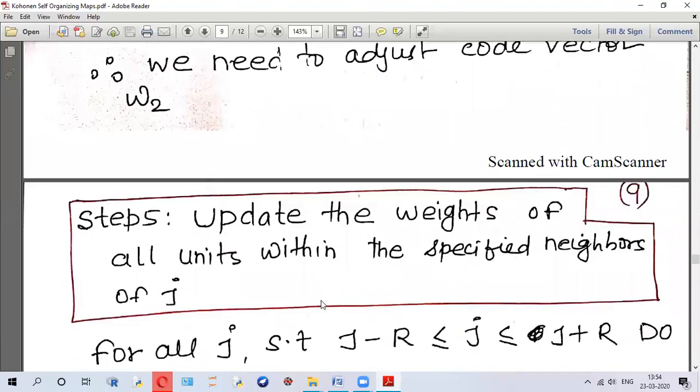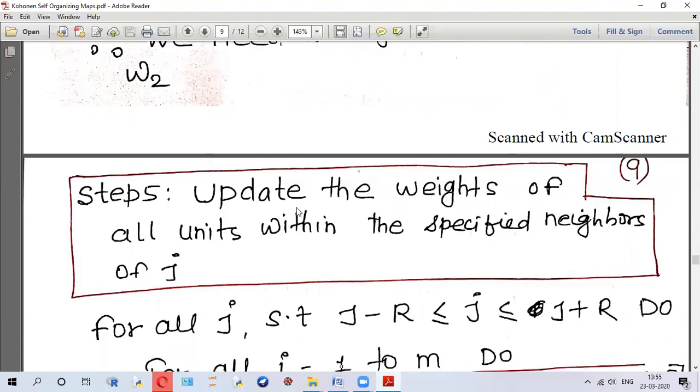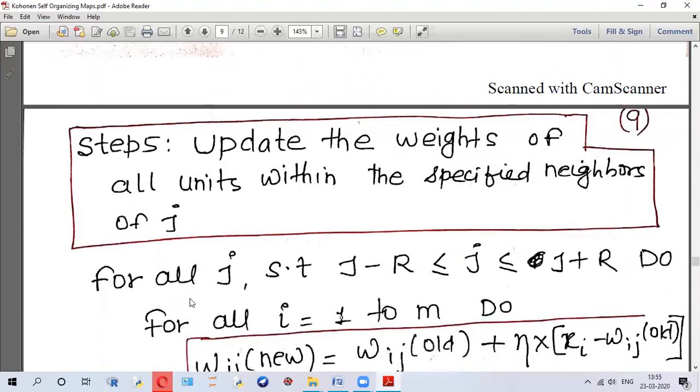So the next step would be to update the weights of all the units within the specified neighborhood of J, right? As defined by the value of R. Now, for all the J's, we have defined the proximity rule, the value of radius. That is, we need to define some mechanism where we can declare which neurons are nearby to a given winning neuron.